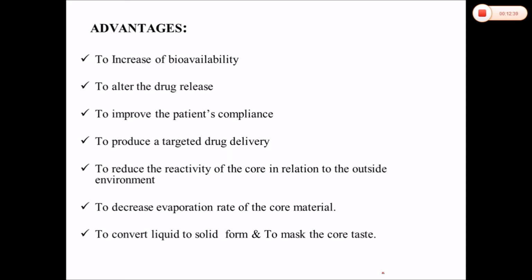So there are various new formulation concepts, like creams, ointments, suppositories and injectables. So in that case, we can use microencapsulations with the help of various techniques to convert the specific formulations into the microencapsulated form.